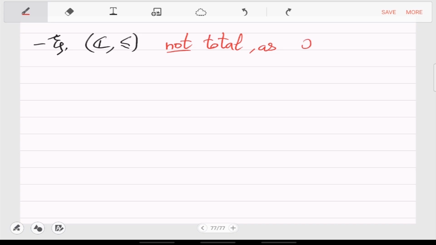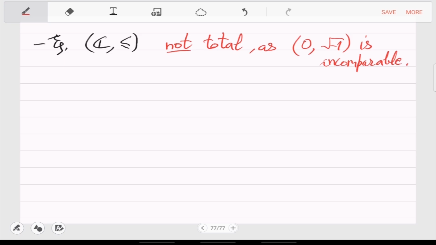Or anything actually, 0 and square root of minus 1, for example. You cannot say anything about these two. Although 0 seems so small than square root minus 1, you can't faithfully say that 0 is less than equal to square root of minus 1, right? So both of them, this or its reverse, are incomparable. Is that clear? So this is not total.